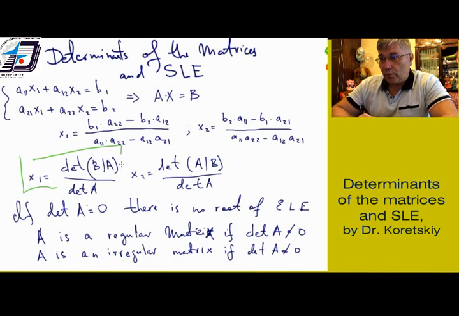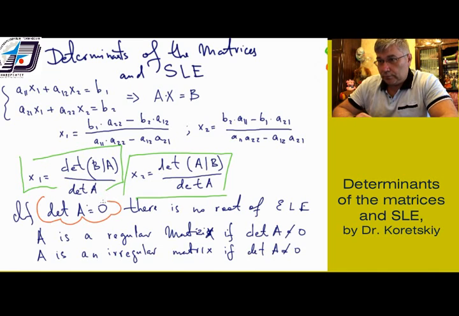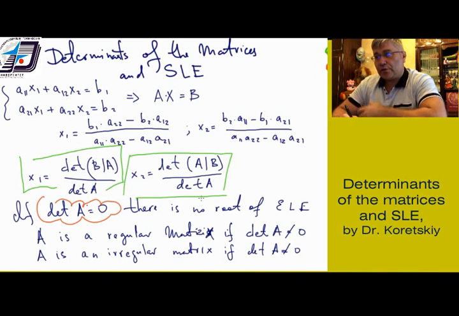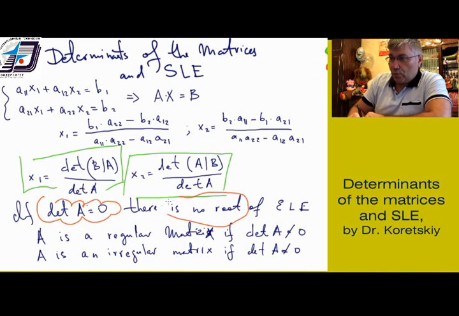This is the formula for calculation of x1 and x2. Okay, and this is a criterion of whether the system of equations has roots or not. There are no roots.